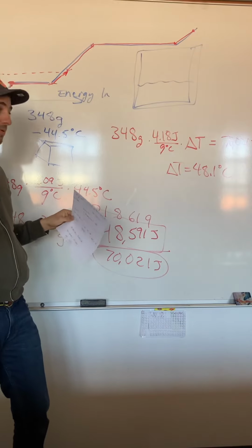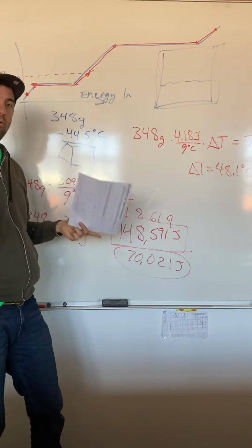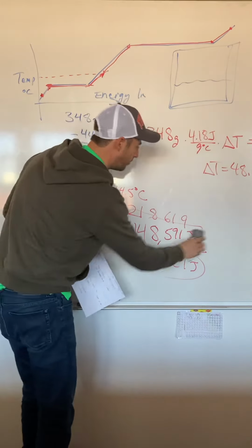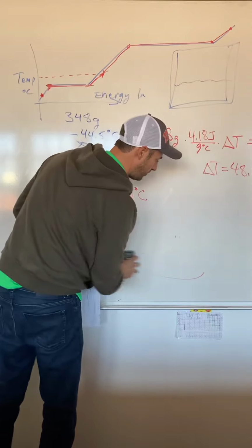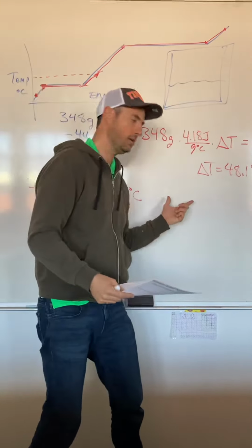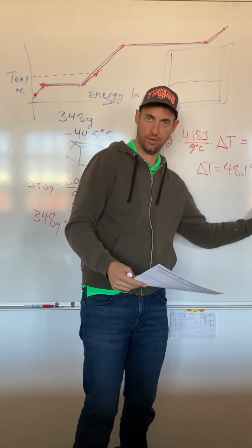The final step now is to add these two things together and figure out what the final temperature would be. This is the problem we've done several times now. The idea is that the energy on this side is going to equal the energy that came out on the other side.